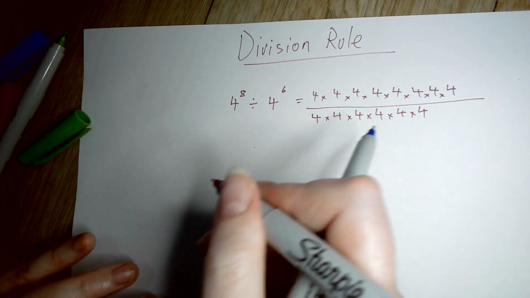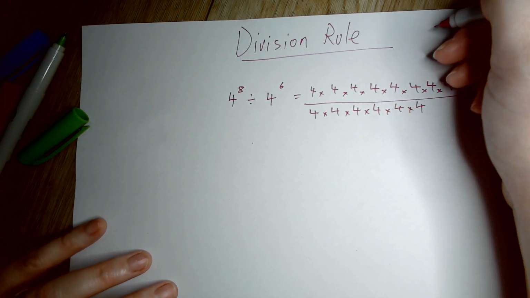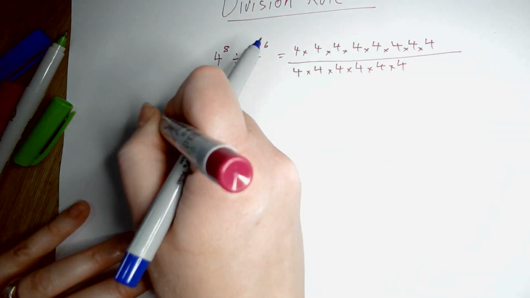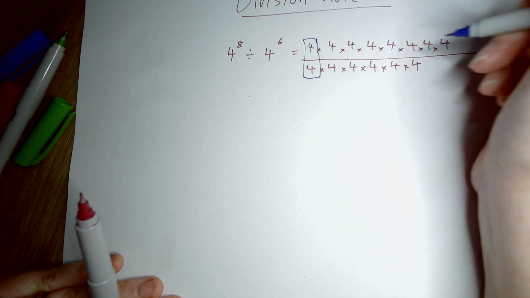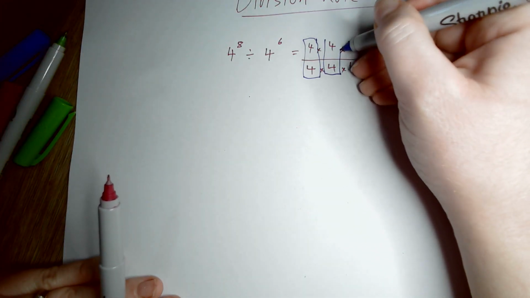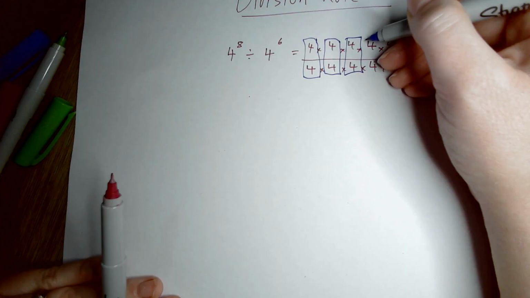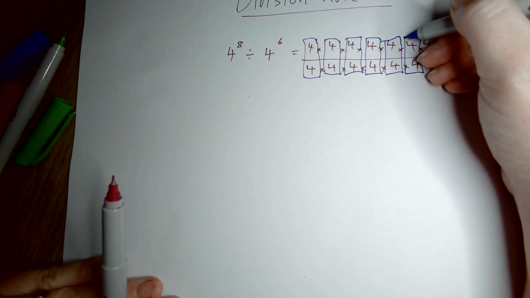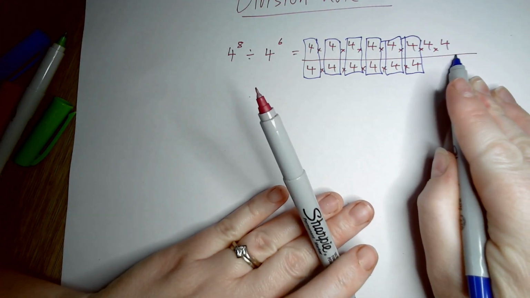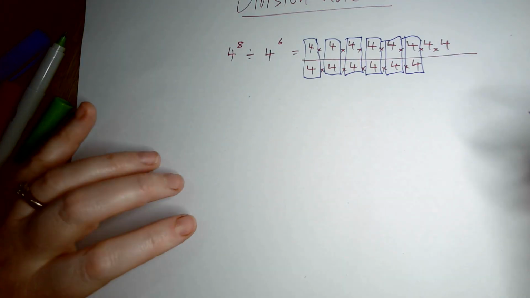Now we know when we have a fraction that any number divided by itself just equals 1. So we say we cancel it out, but really what we're saying is that this is 1 times, and then these two 4s on the end don't have a partner to cancel out.